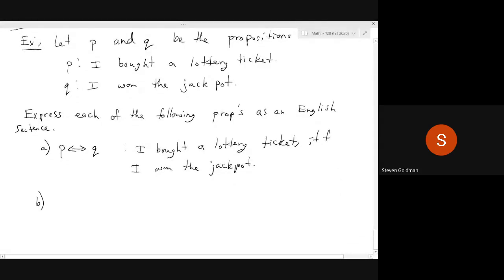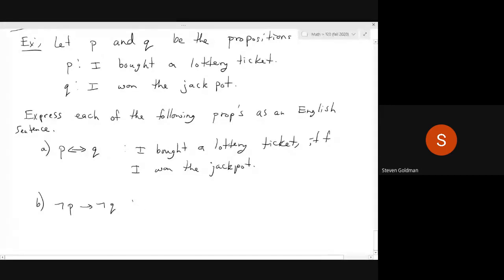Let's do another example. Let's say I asked you to write down not P implies not Q. That would be the sentence, if I did not win the jackpot.